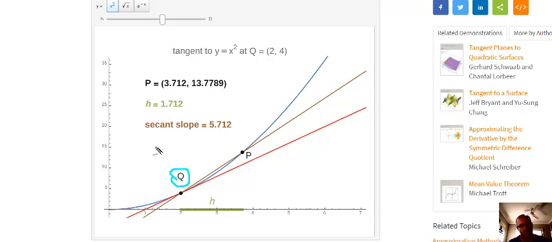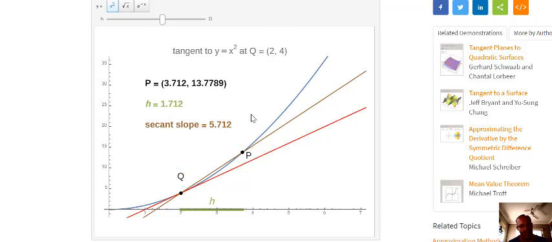So one of the things we can look at doing if we are working by hand is to draw a secant, as we just mentioned. Of course, if you look at the secant slope, and the tangent slope, the secant is this sort of greenish, brownish line, and the tangent is the red line. You can see they're obviously different. Don't even need to put any numbers on it. They're different.